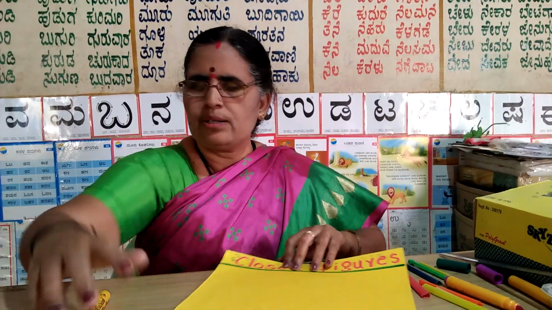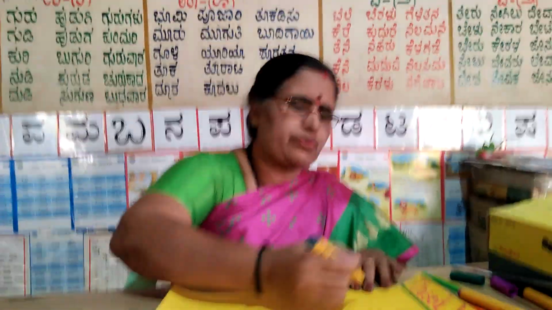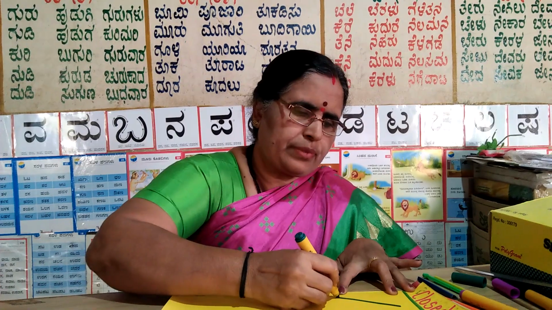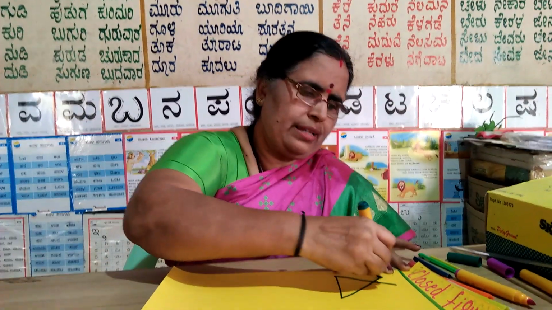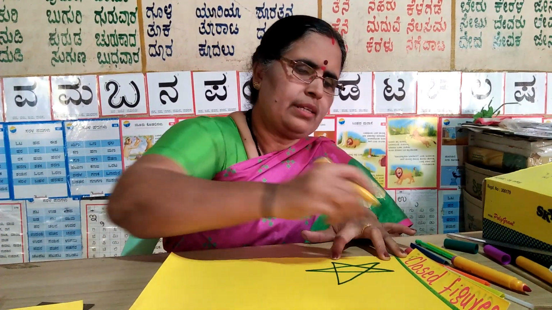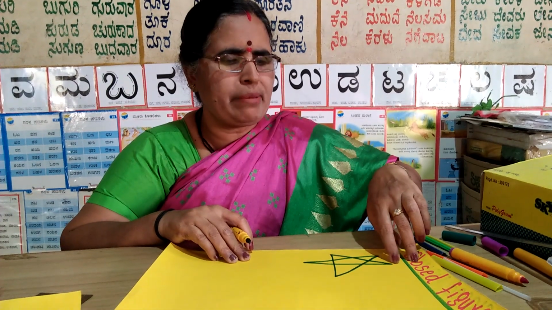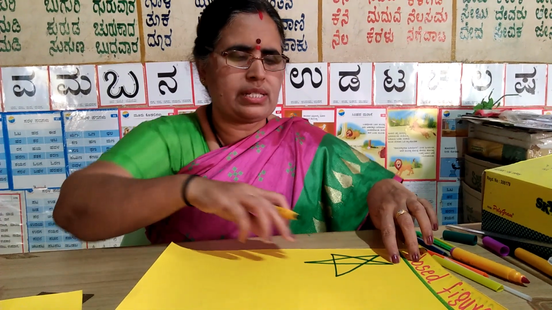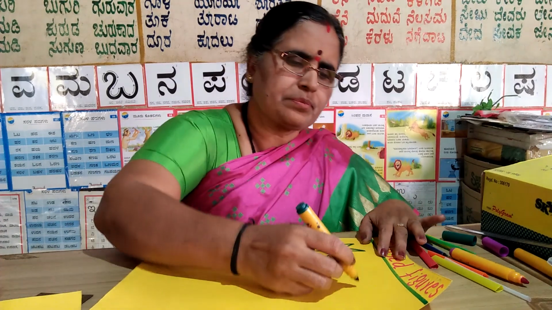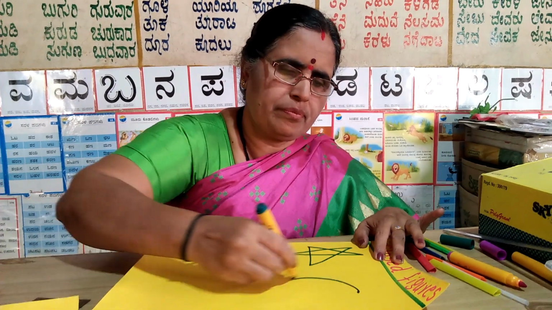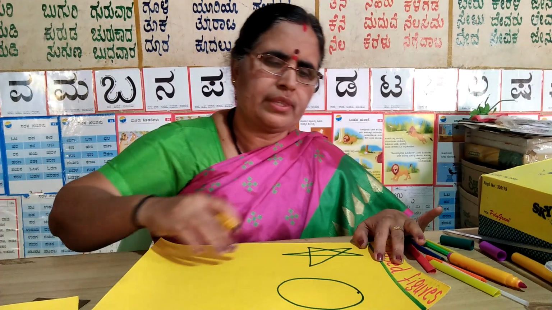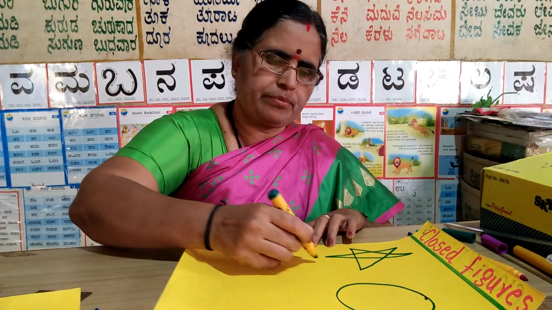I'll give you some more examples for closed figures. See where I am going. I started at one point and came back and ended at the same point. So this is a closed figure. This is a closed figure.